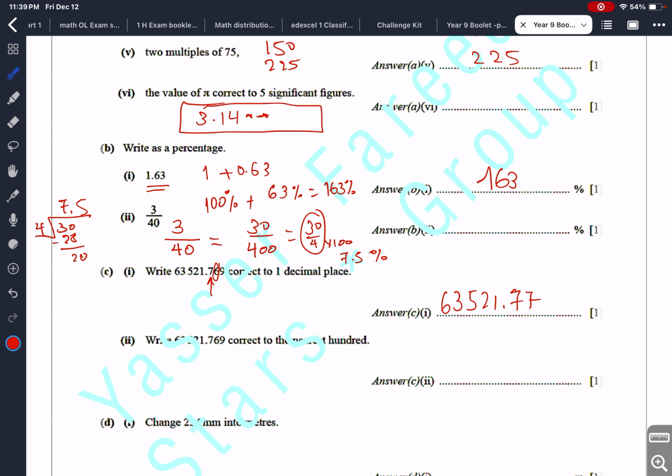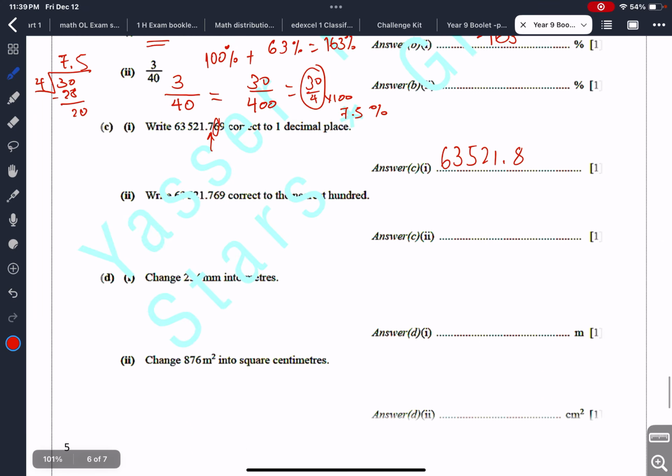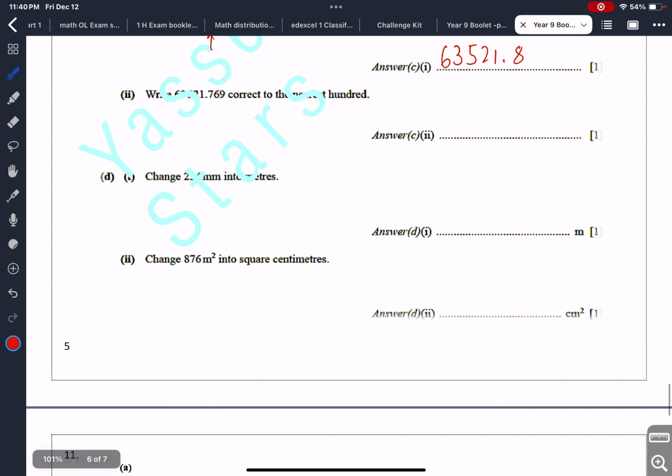No, it will be 7. No, just a second. It will be 8, because we are talking about 7, so it'll be 8. Now it's not clear, so just let it pass.